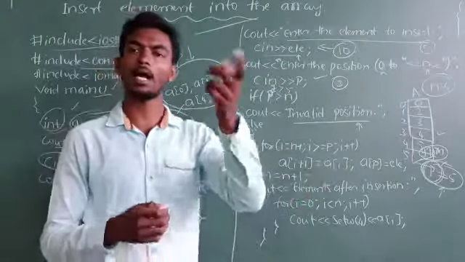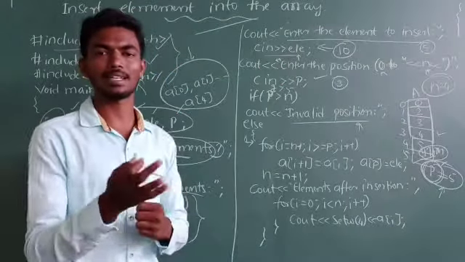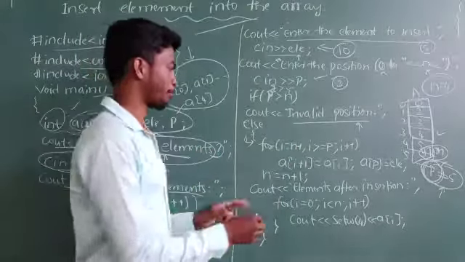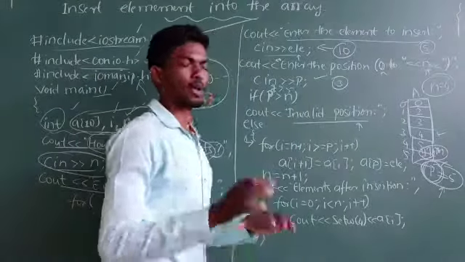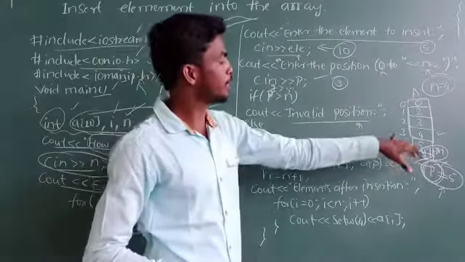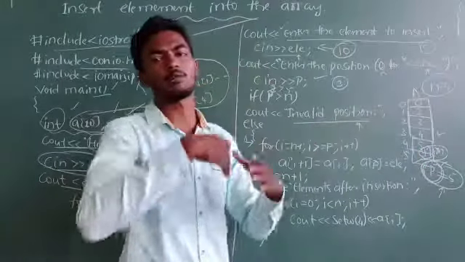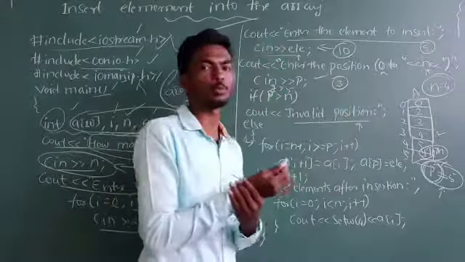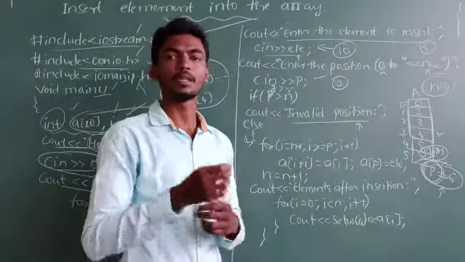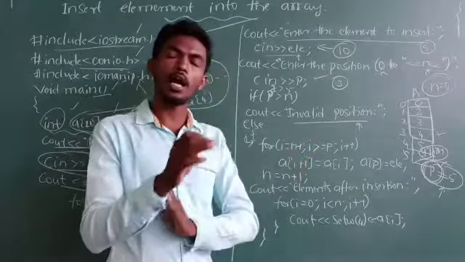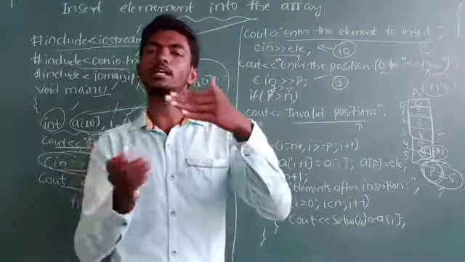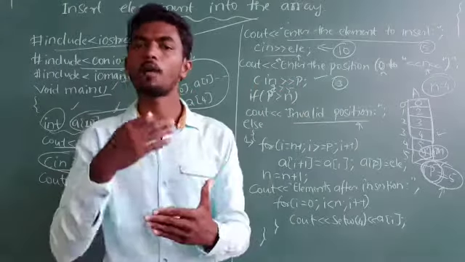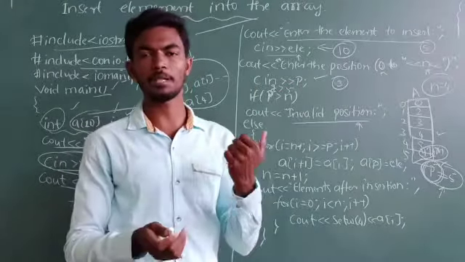That mechanism I explained in the last class itself. Again, with the programming example, we are going to explain. For i is equal to n minus 1, when insertion takes place, we need to process the array from the last onwards. Understood? n minus 1, i greater than or equal to p, i minus minus. We start from the end and transfer those elements into the next positions, up to where we get the p position.